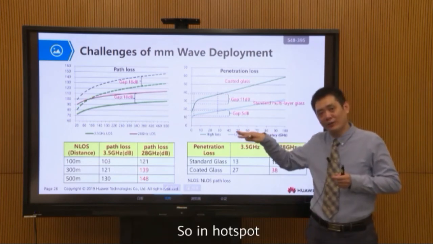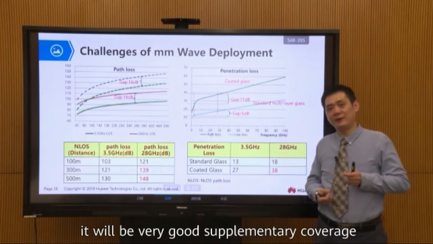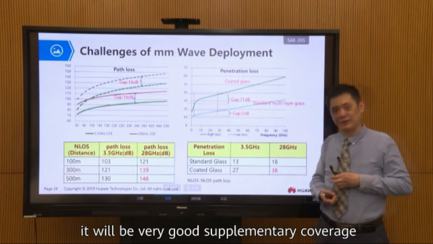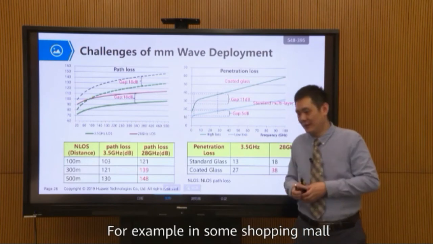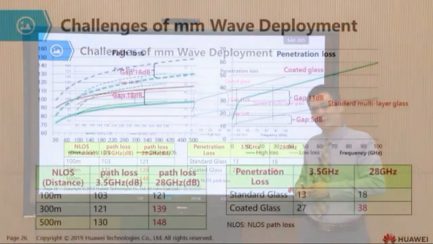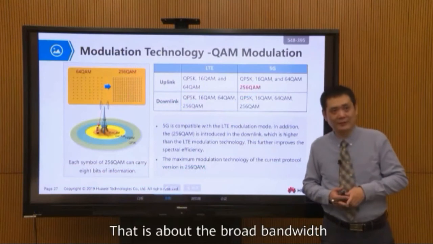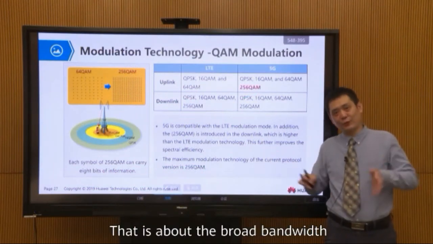So in hot spots, it will be very good supplementary coverage. For example, in some shopping mall, at some business center, we can use millimeter wave for the capacity. So that is about the broad bandwidth.